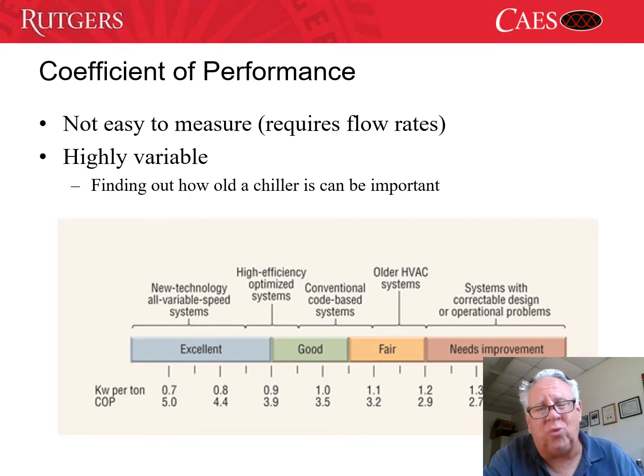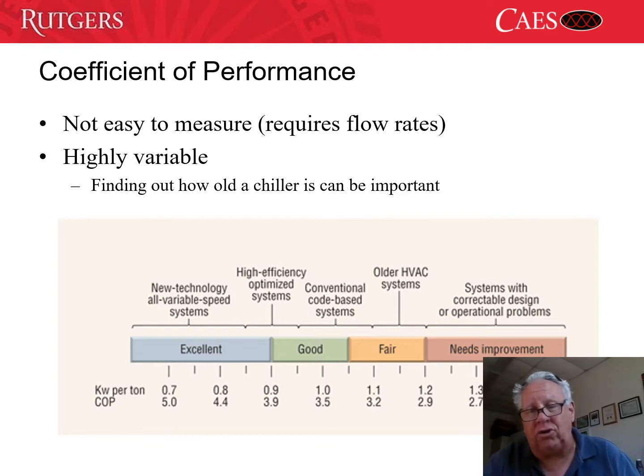And this is one of the reasons why we really have to consider upgrading aging chillers. It's a tough sell with industry because these babies are expensive. But if you can show that the efficiency is down to 2.5 and you can double the efficiency, you'll pay off those new chillers very quickly.